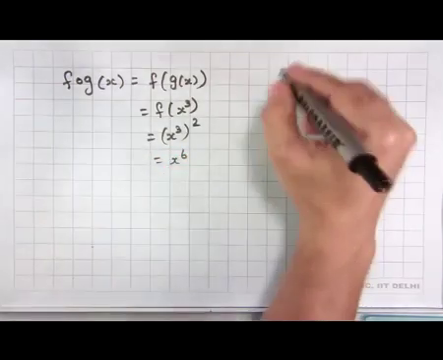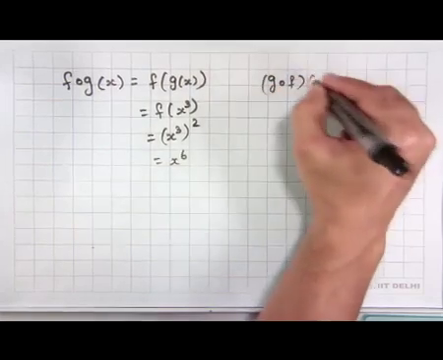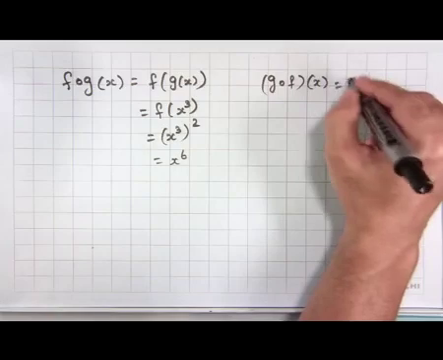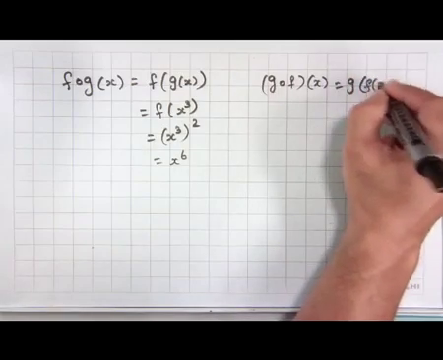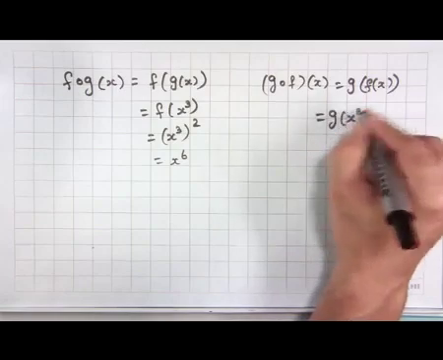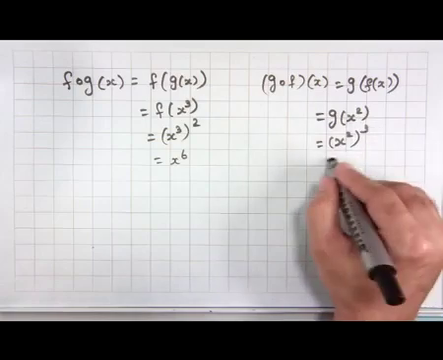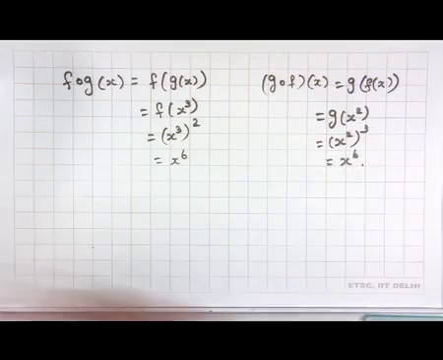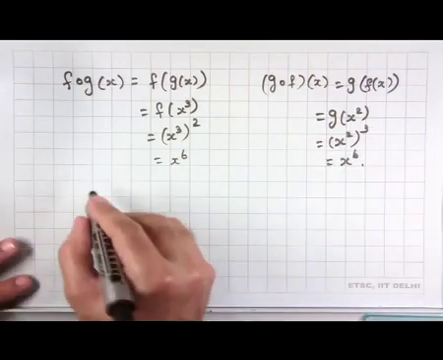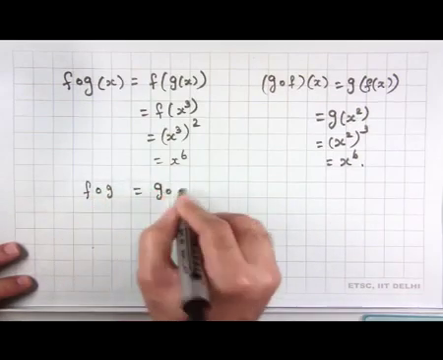On the other hand, if we look at g composed with f at x, which is g of f x, which is same as g of x square equal to x square whole cube, which is x power 6. You can notice in this case that f composed with g is equal to g composed with f.